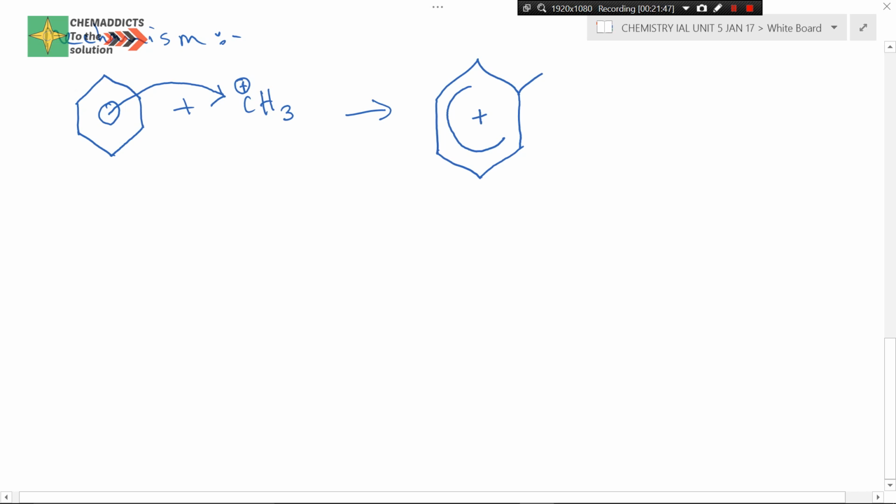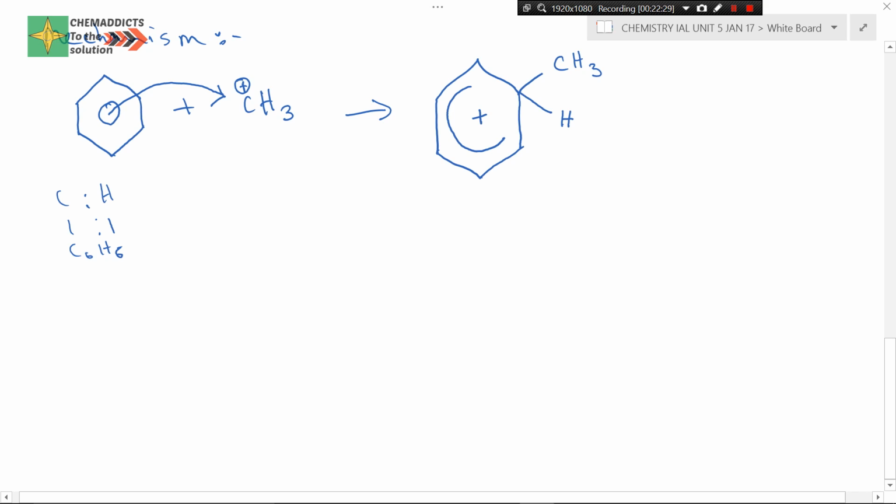Here this methyl group gets joined over here, forming CH3. We all know that benzene has a carbon to hydrogen ratio of 1:1, and the formula is, sorry, not C6H5, C6H6. So this carbon is going to have a hydrogen attached to it.